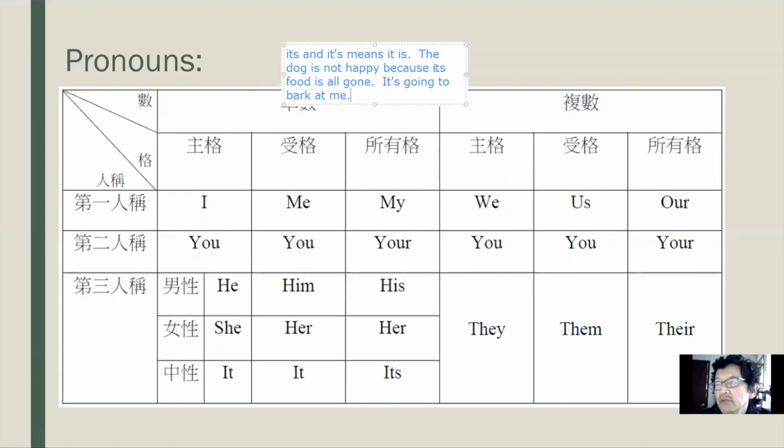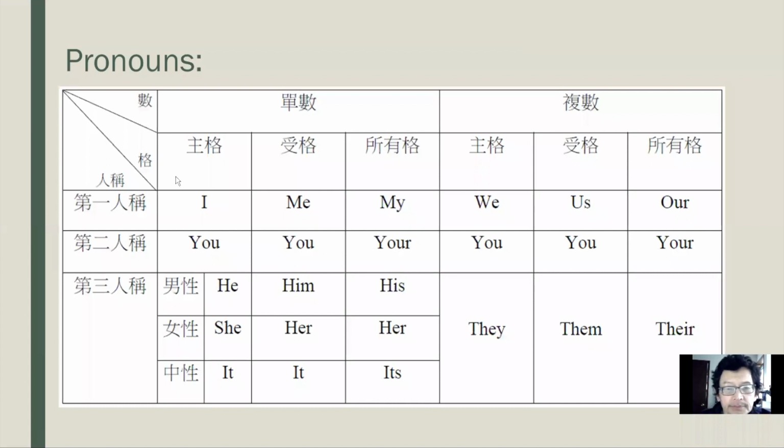This its refers to the food that belongs to the dog. This it's going to bark at me really means it is going to bark at me. Is that clear? So complete your sentences using these pronouns.